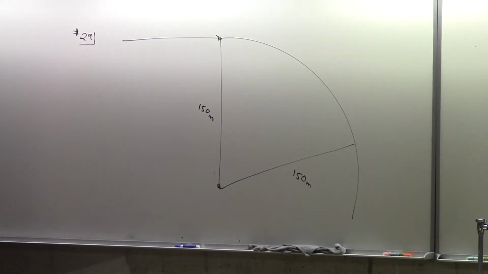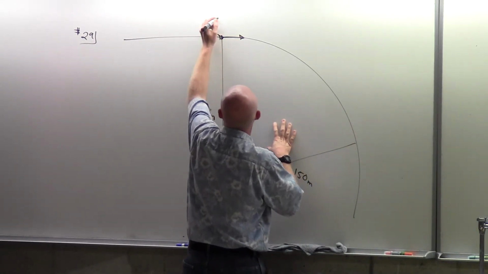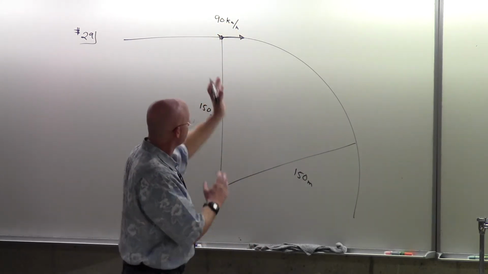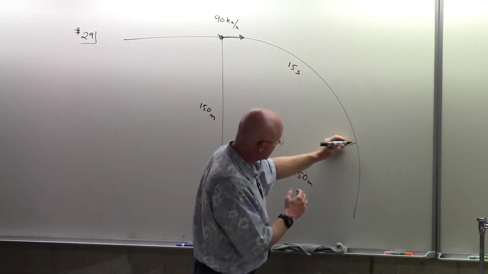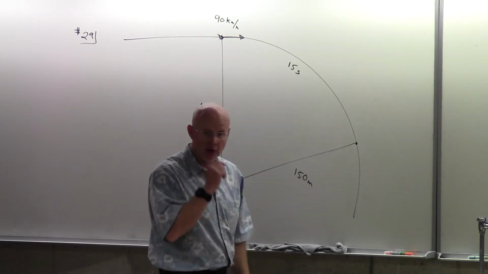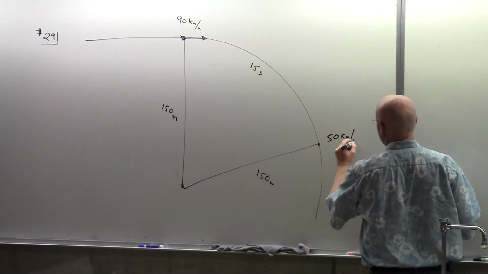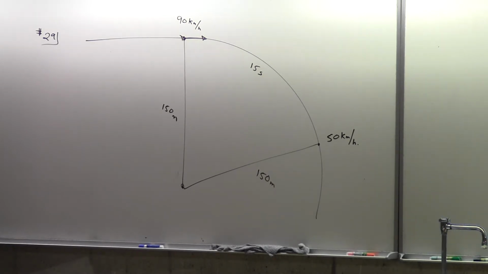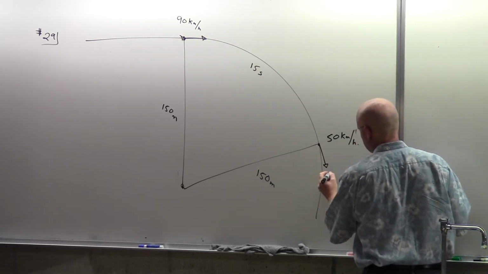The train at this point, and I'll put a little arrowhead, is traveling at 90 kilometers per hour. It slows down, taking 15 seconds to get to, say, this point, where it is now going 50 kilometers per hour. The question is, what is the acceleration when it is at this point?